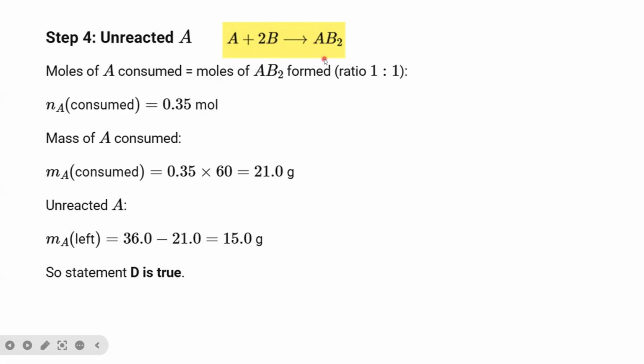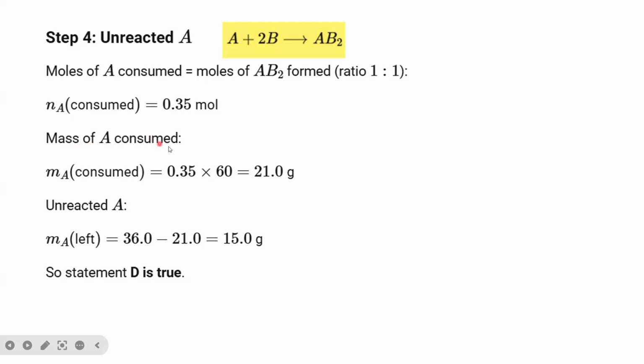So the ratio is 1 is to 2 is to 1. So the ratio of AB2 and A is the same. If the moles of AB2 is 0.35, then obviously the moles of A will also be 0.35. So the number of moles consumed is equal to 0.35 mole.